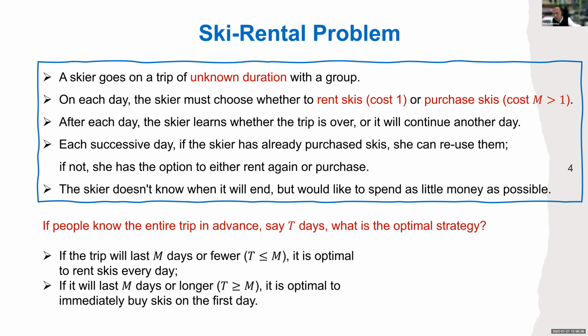Do not bother to rent, just buy. Because anyway, you need to ski for T days, which is larger than M. If you do not buy, the cost of renting every day will be more than M. If you rent on some days and then buy on another day, the cost will also be larger than M.